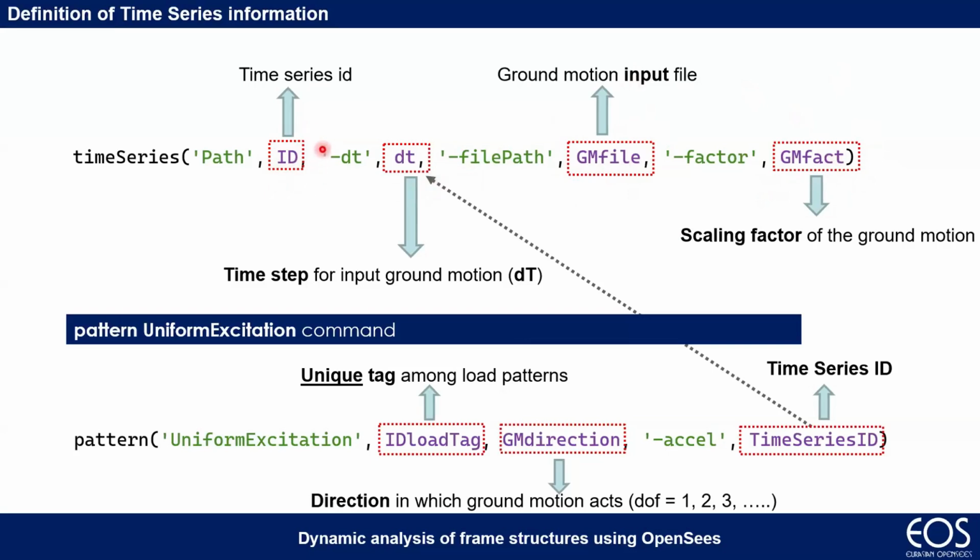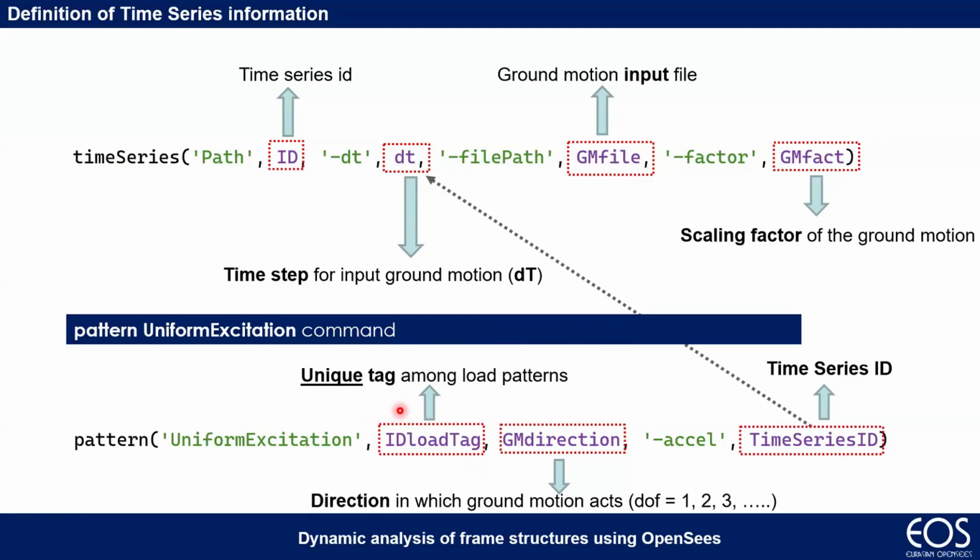I'll solve it. After the time series, you can define a pattern like the one that you saw before, but in this case it is a uniform excitation. You define again an ID of that pattern. Pay attention that it should be unique in your script.